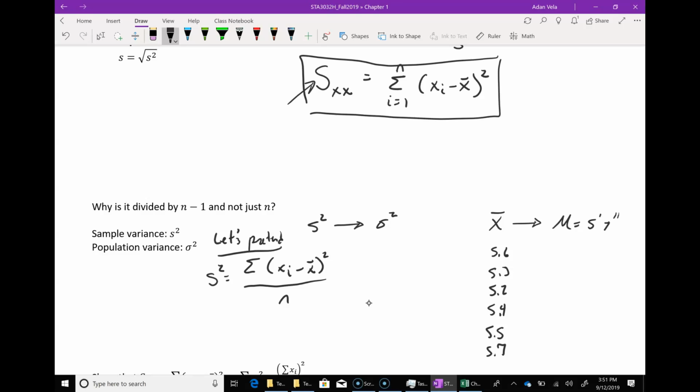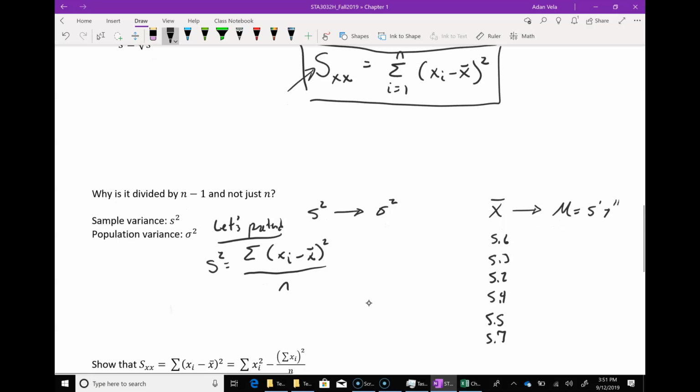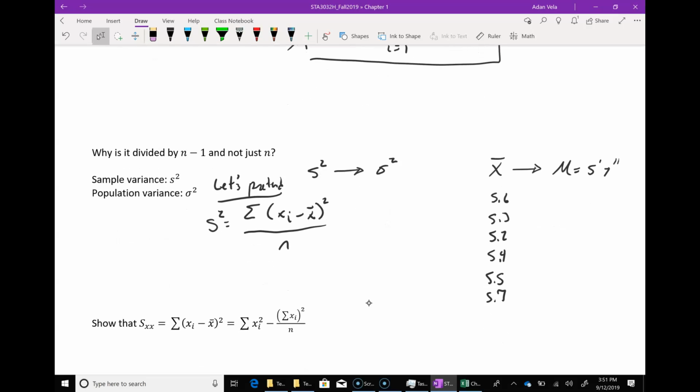Sorry, variance, squared. So I didn't have this -1. The crazy part is, if I were to do that, there would be a very high likelihood that S squared would be less than sigma squared. We call this a biased estimator.